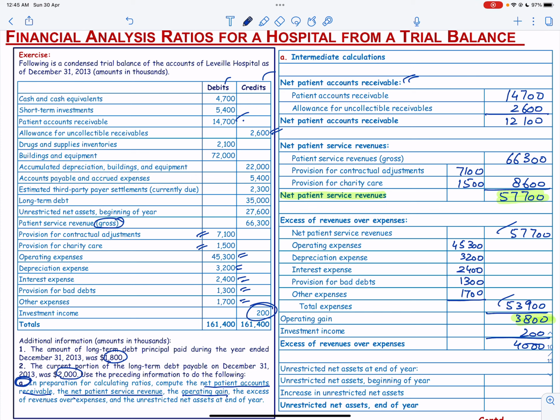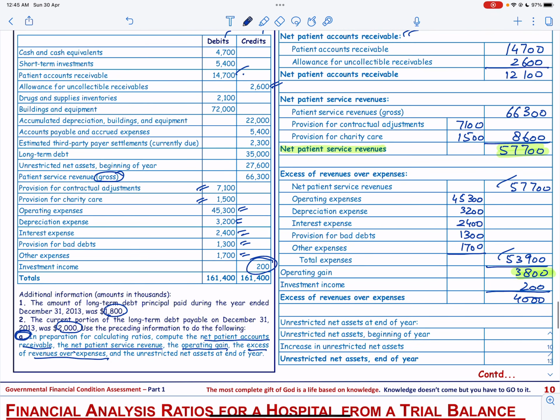So that is the excess of revenue over expenses, and then we have to determine the unrestricted net assets at the end of the year. So at the beginning of the year, the net assets are given to us as 27,600.